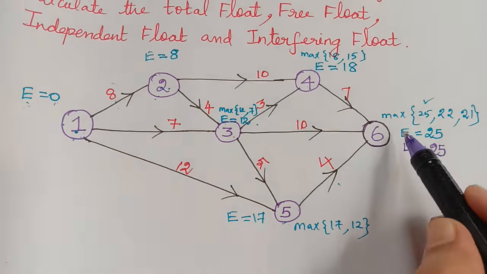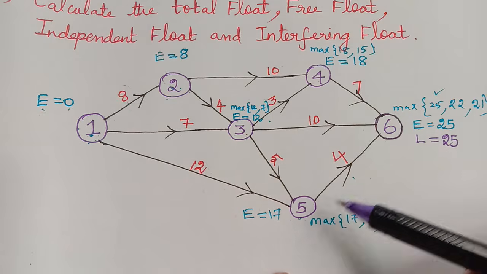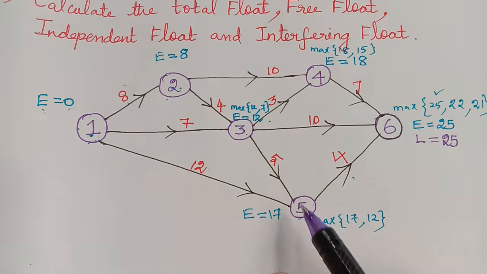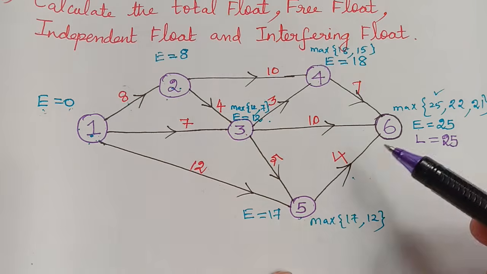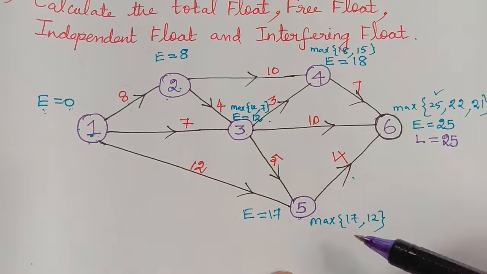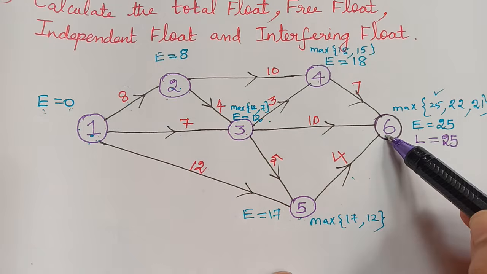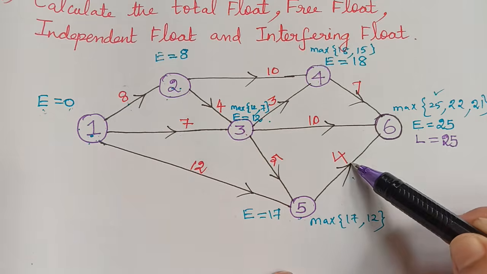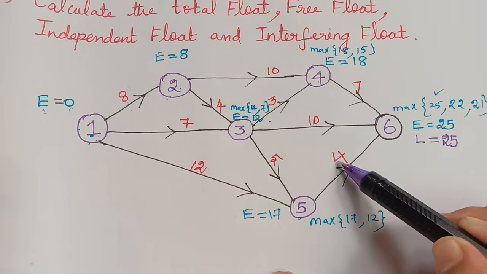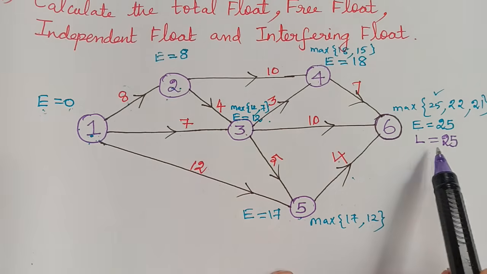Now after the event 6, we move on to the previous event, that is the event 5. For 5, we must check how many activities are emanating from 5. There is only one arrow coming out from 5, and that we have to take. The duration for that is 4, and the latest occurrence for the next event is 25.